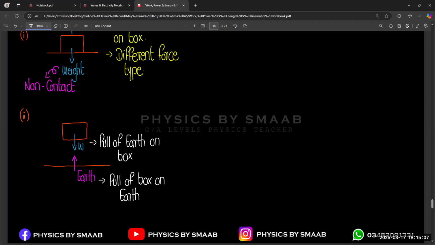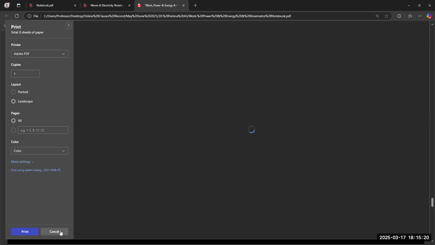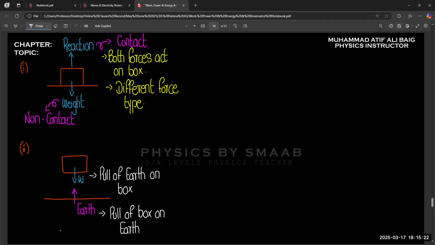So now we have two bodies. This is the case of action reaction, right? This is the important difference we need to keep in mind when we are working with Newton's third law in questions. Otherwise, most of the time we use the wrong concept for Newton's third law.